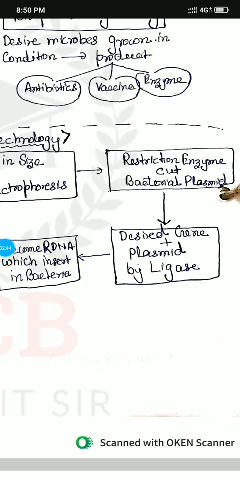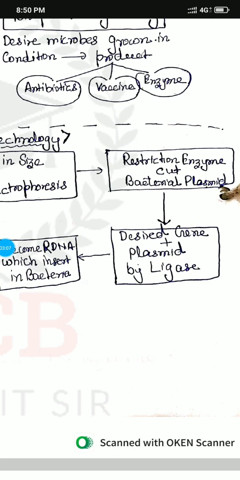The third step is that the restriction enzymes cut the plasmid. Plasmid is actually a double stranded circular DNA which is present inside any bacteria or any host from where we obtain this plasmid. So restriction enzyme cuts the plasmid.